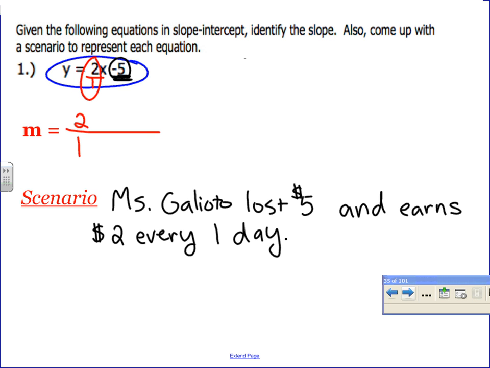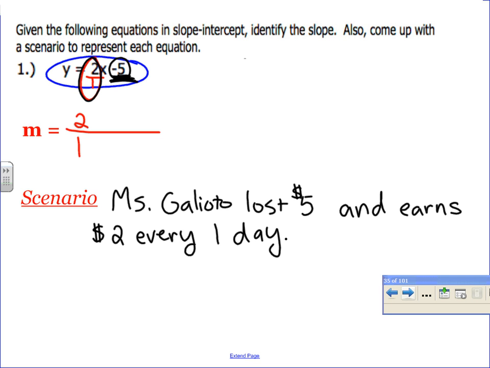I could have also said I found $2 every 1 week or $2 every 1 month. Just make sure if it's positive that you're earning it, you're finding it, something along those lines. So again, in your scenario, start with this number, the second number here that's by itself, that's the constant, that's your starting point. And then your slope is your rate of change. It's the quantity that is changing. So I earned $2 every 1 day.